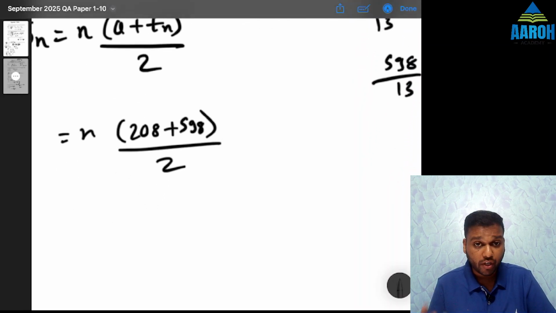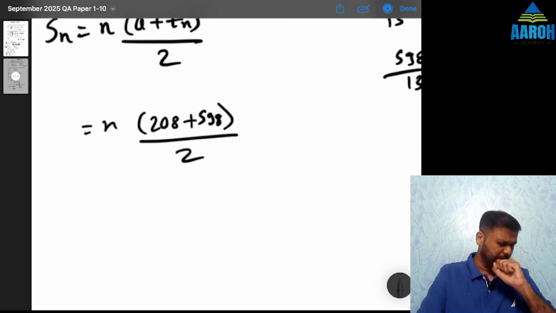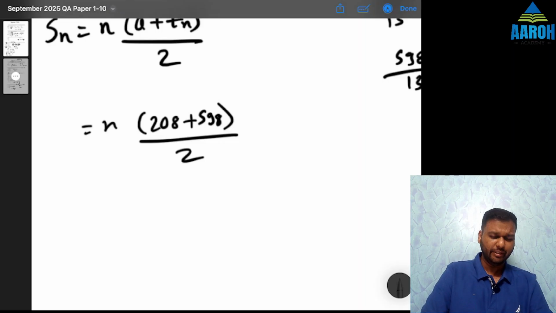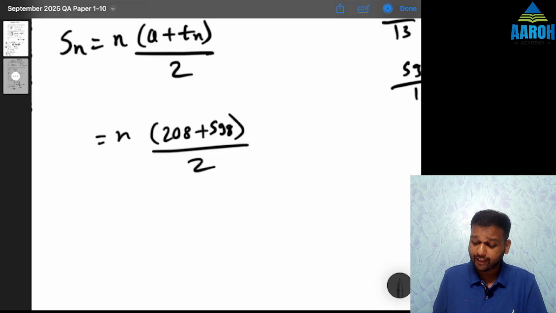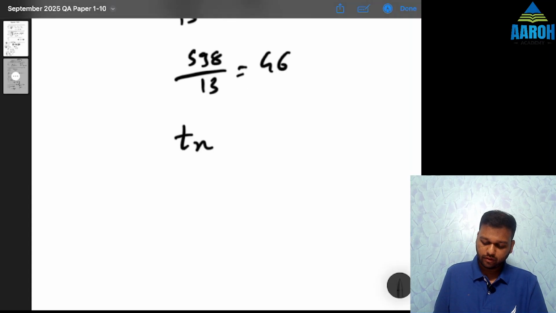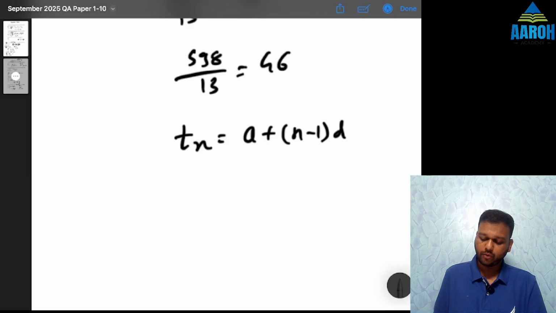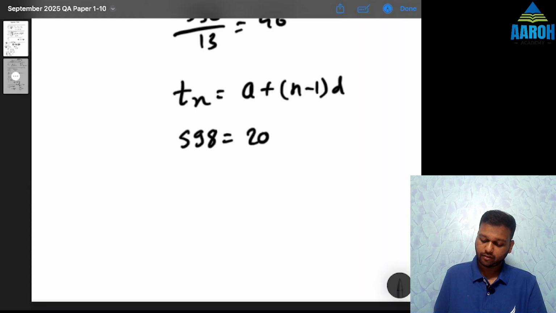We have to find the number of terms. We don't know the number of terms yet. Let's do that. So that means we have to find n, right? How to find n? We know the last term Tn is a plus n minus 1 into d, right? We know Tn is 598, which is equal to the first term 208 plus n minus 1 into d.